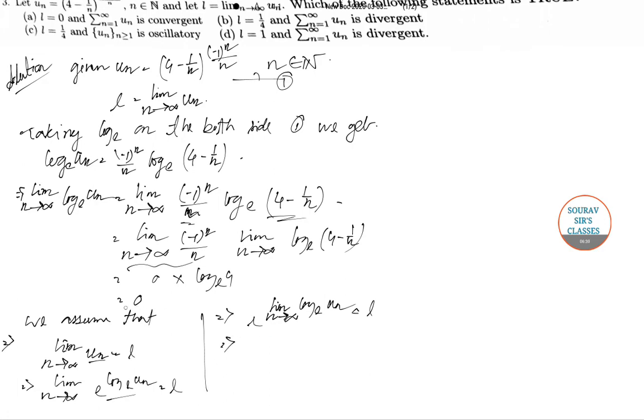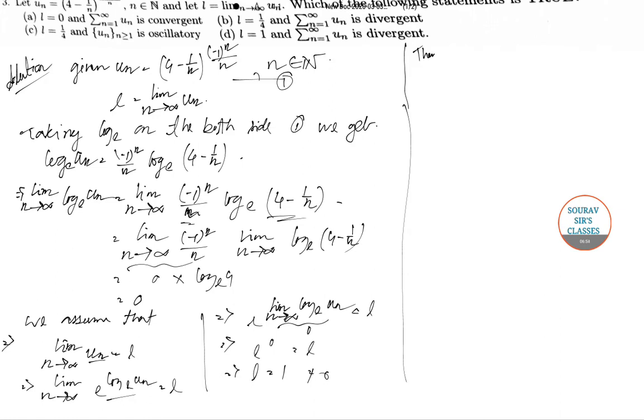As we can see that limit n tends to infinity of log base e un equals 0, this portion is 0. Hence e to the power 0 equals L, that is L equals 1, which is not equal to 0.